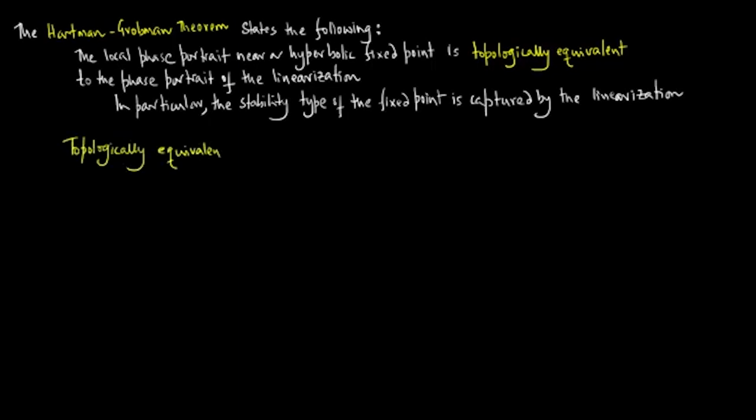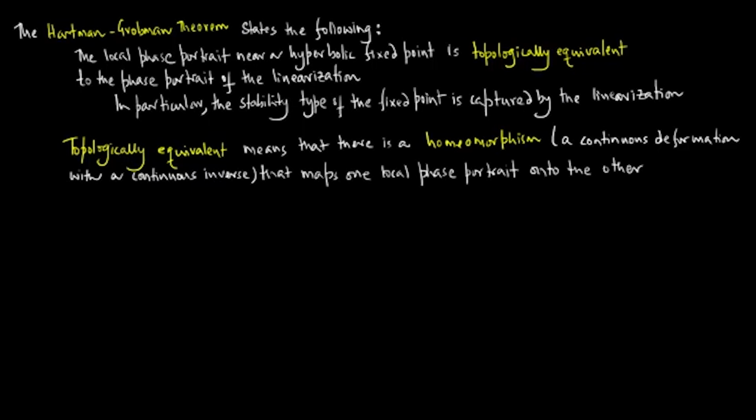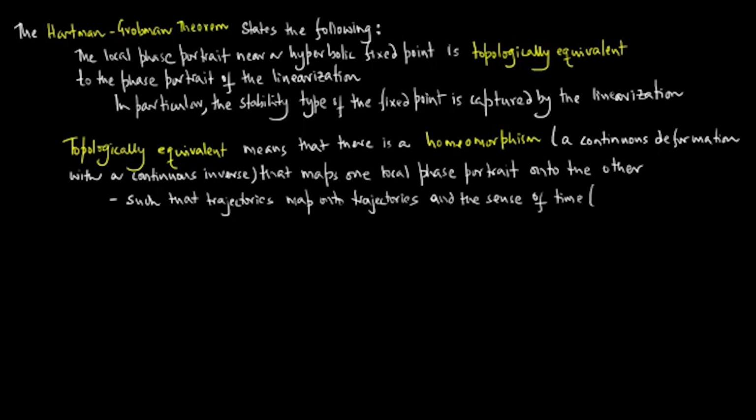Topologically equivalent essentially means that there is a homeomorphism, which is a continuous deformation with a continuous inverse, that maps one local phase portrait onto the other, such that trajectories map onto trajectories and the sense of time, meaning the direction of the arrows, is actually preserved.